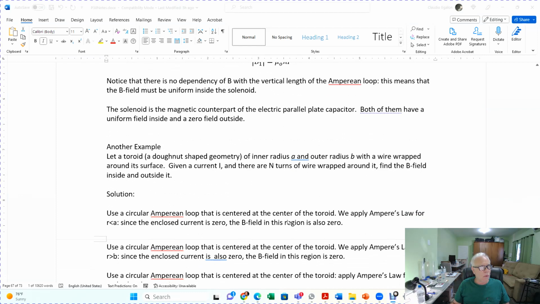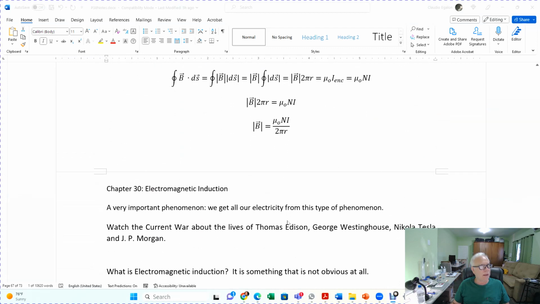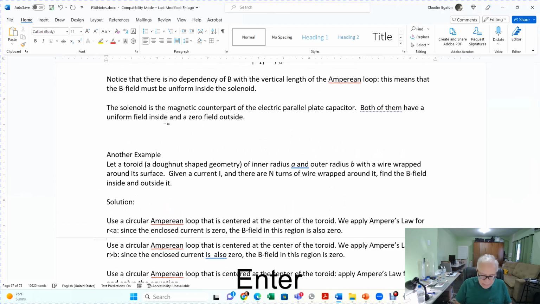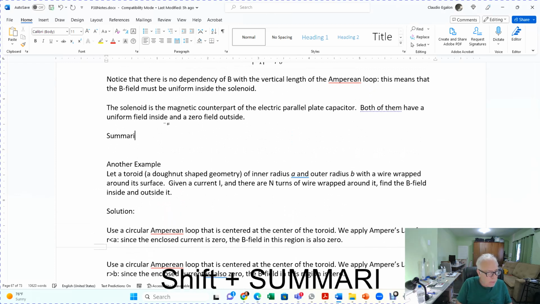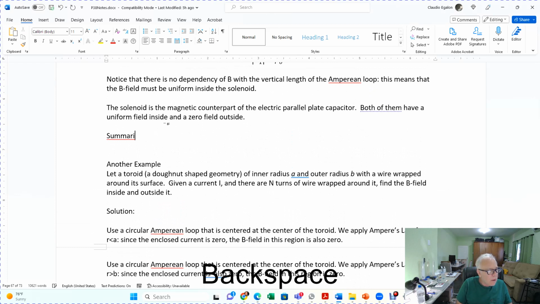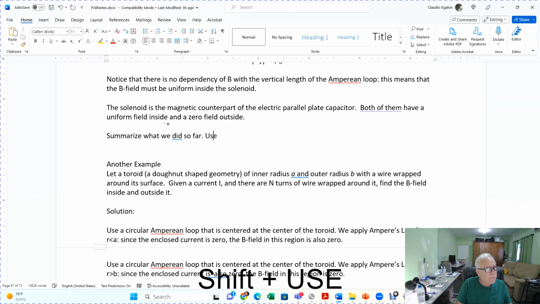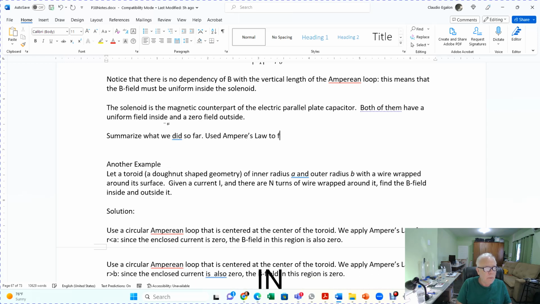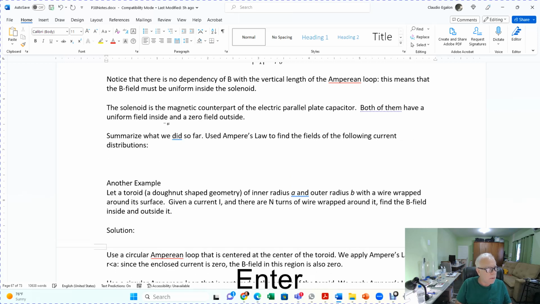So we are going to conclude this chapter with the toroid, okay? The toroid is nothing but a donut. So here you go, let's just summarize what we did so far. We used Ampere's law to find the fields of the following current distributions. 1.